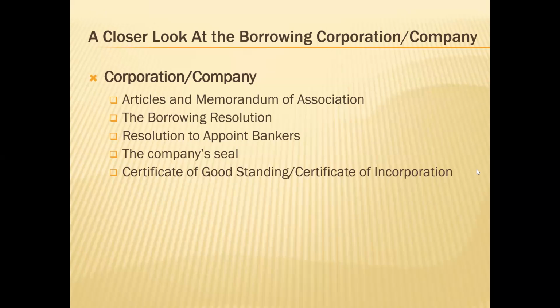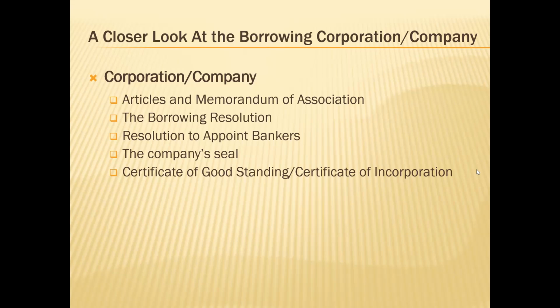The company's seal, again, we look at that. That is important because without the company's seal, neither the borrowing resolution nor a resolution to appoint bankers is valid, okay? And then, of course, the certificate of good standing and the certificate of incorporation, those are needed. If it's a new company, just being incorporated, under a year, you need a certificate of incorporation.